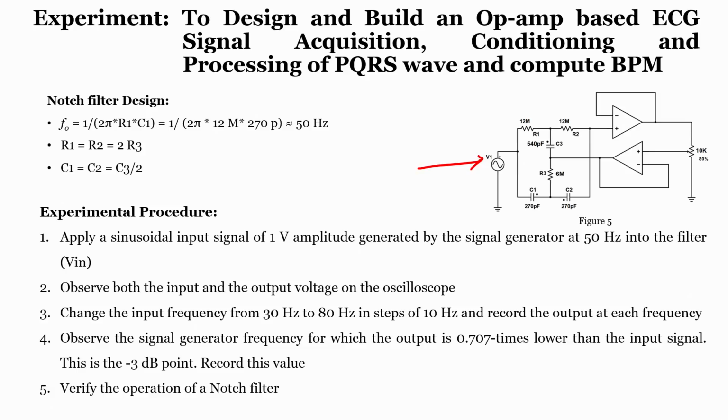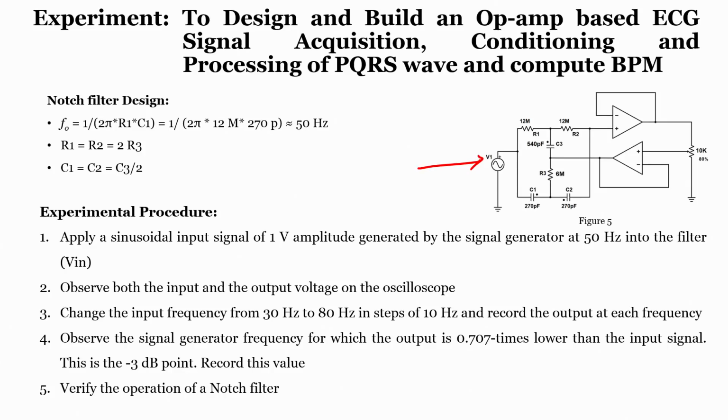Same way R1 R2 equals 2 times R3, and C1 equals C2 equals C3 by 2. If we keep these values, we can design a notch filter which will give us a 50 hertz notch, or we can remove the 50 hertz signal.